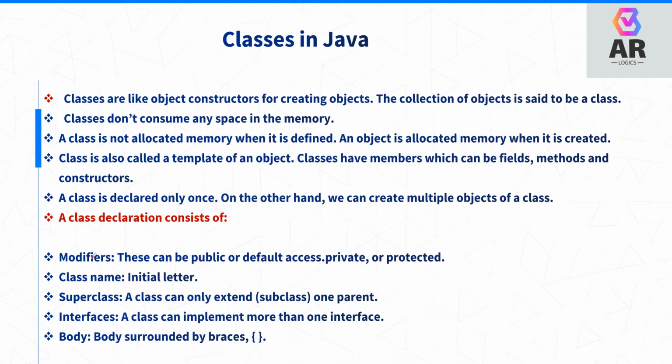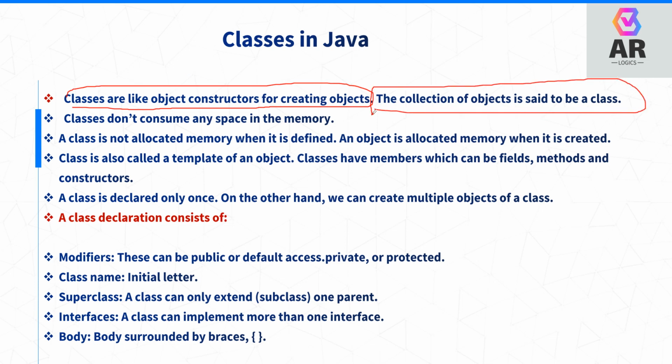Classes are like object constructors. A collection of objects is said to be a class. A class does not consume memory when created, and does not allocate memory.